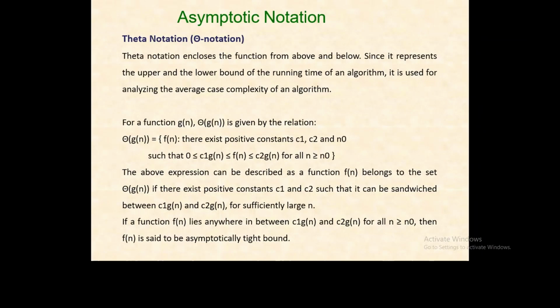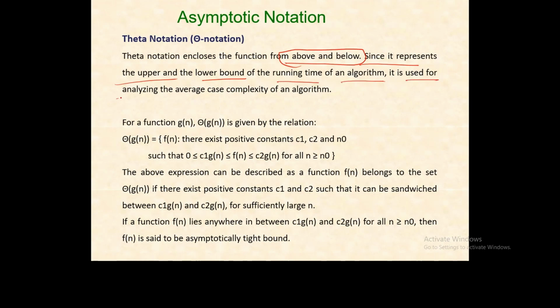So the theta notation basically encloses the function from above and below, meaning it will define the average case time requirement, since it represents the upper bound and the lower bound of the running time of an algorithm.